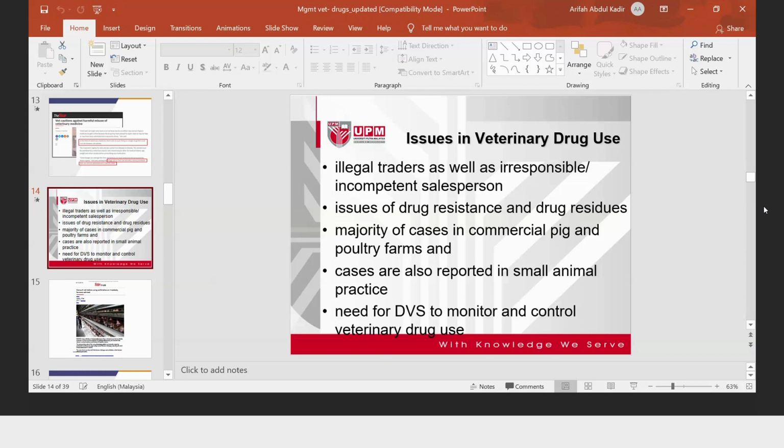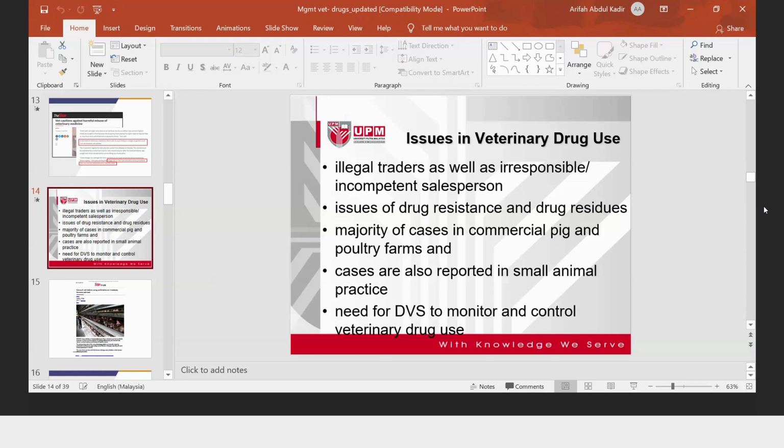If it's 7 days, you have to wait 7 days until the drug is cleared from the body system. If you inject antibiotics 1 or 2 days before slaughter, the drug is still present in the meat.